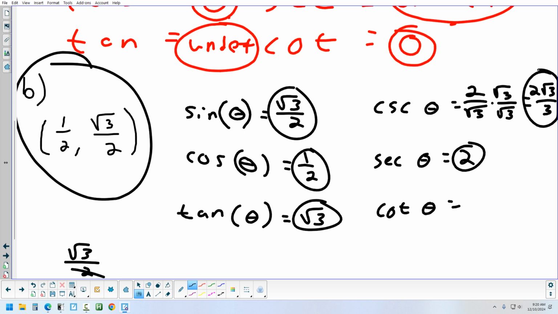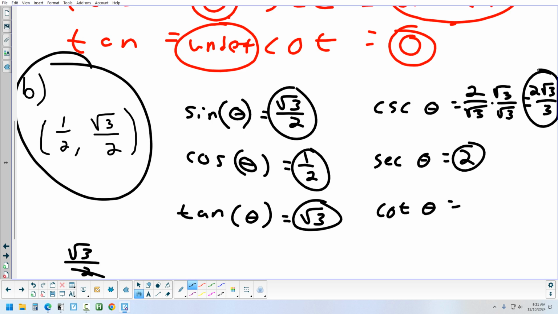And let's do the cotangent. All right, what would be my first step to get the cotangent before I fix anything? It's x over y. So how are we getting the cotangent?